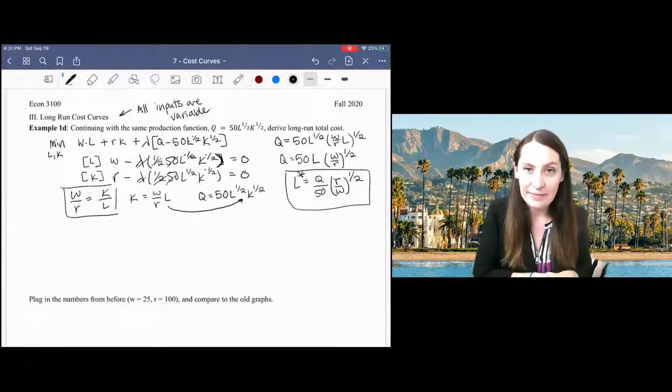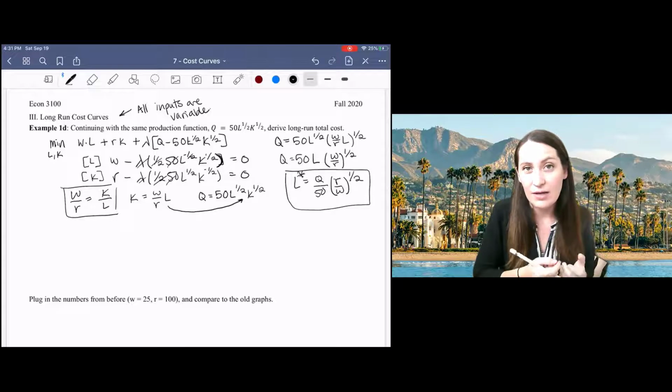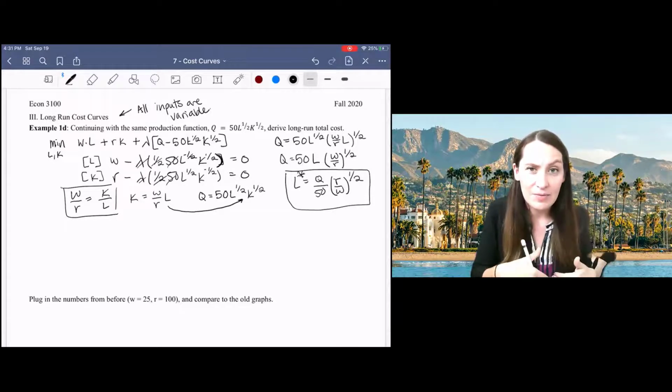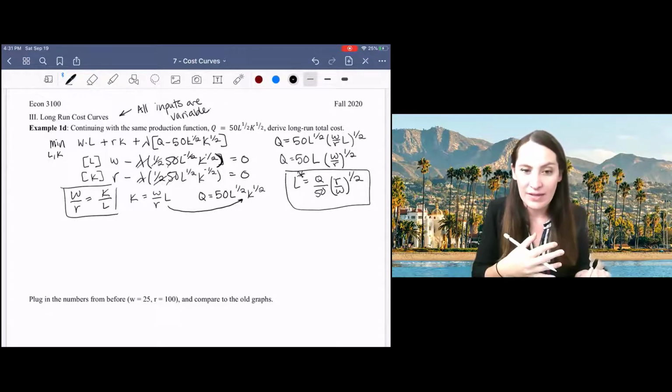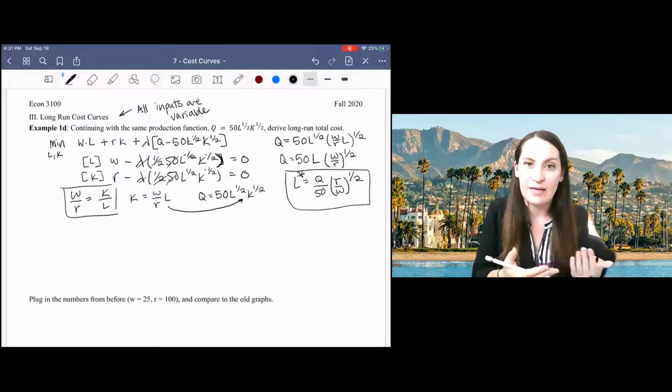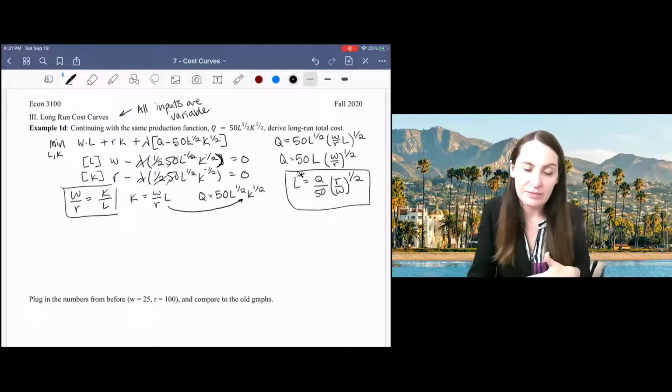But the quantity of labor I choose also depends now on the price ratio of labor and capital, so that as labor becomes more expensive, if wages go up, I'm going to buy less labor. If rents go up, I would buy more labor as it becomes cheaper relative to capital.